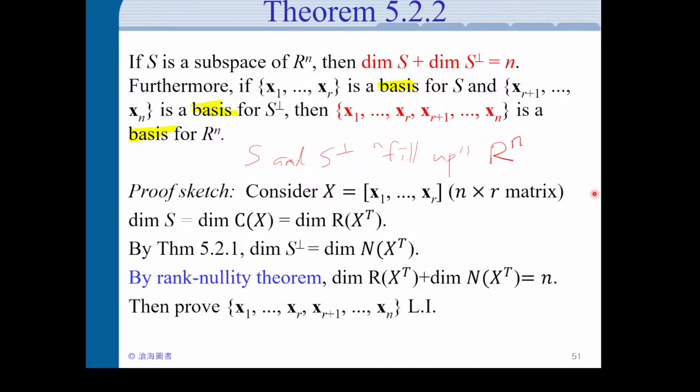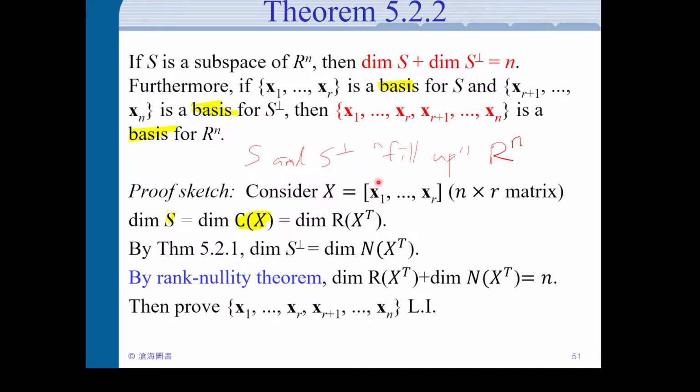Now we think about what the dimension of S is. S is just the column space of this X matrix. So now we can express S in terms of this matrix. First we know S is just the column space of this matrix because this is a basis, and everything inside S is a linear combination of those vectors.